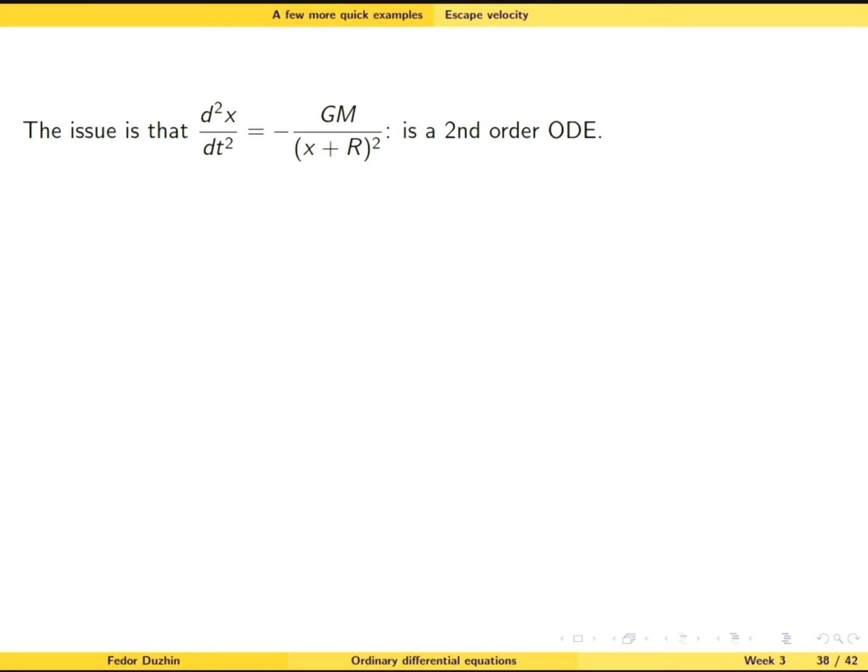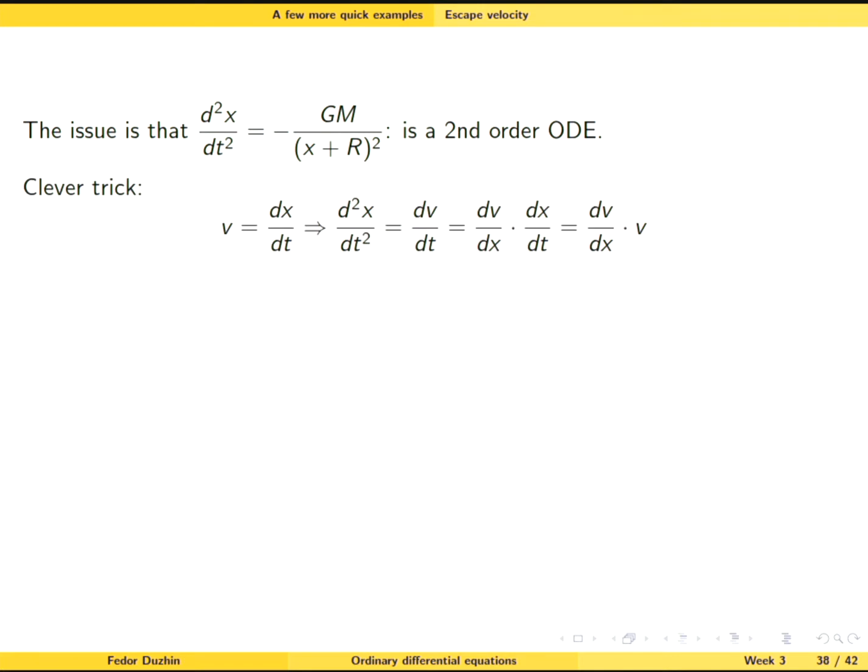Note that Newton's law of gravitation is a second-order differential equation. So what can we do about it? Here is a very clever trick. We're going to do a substitution.